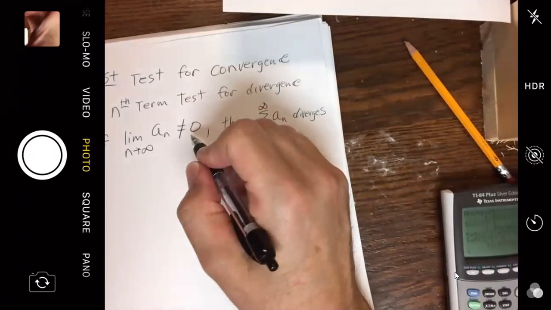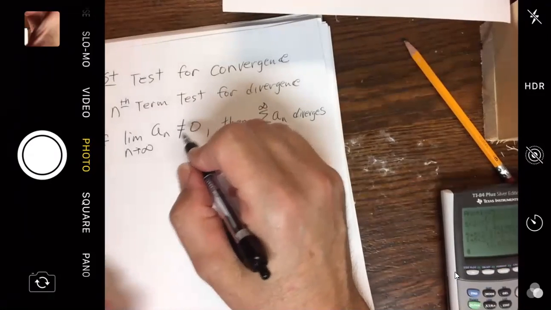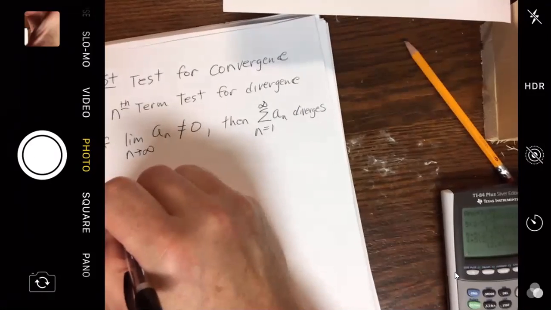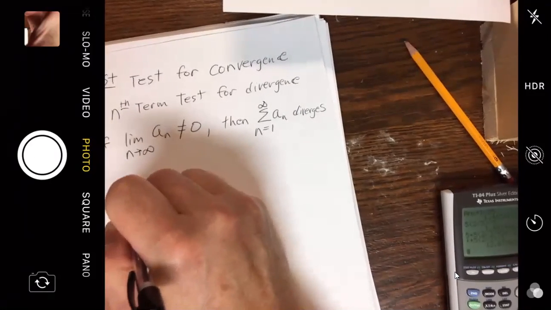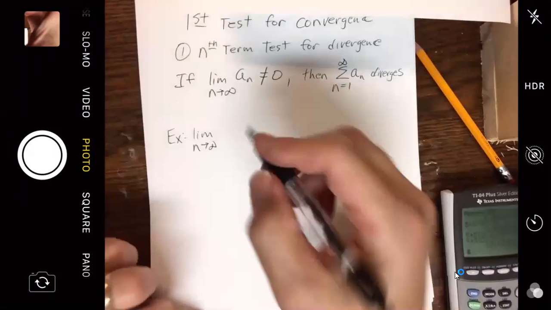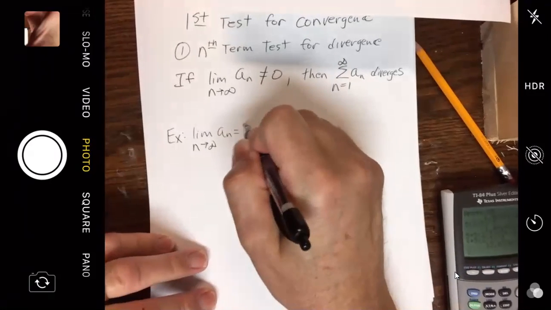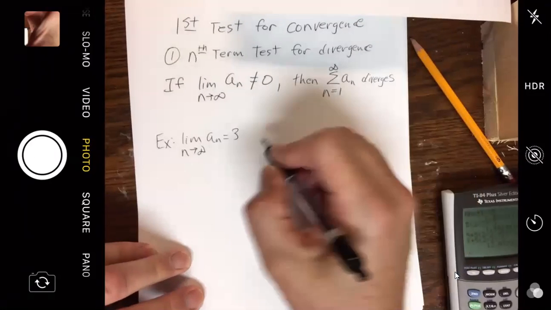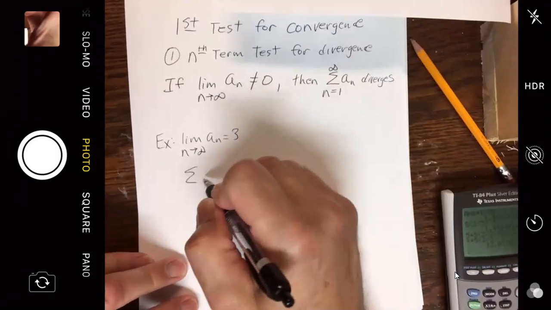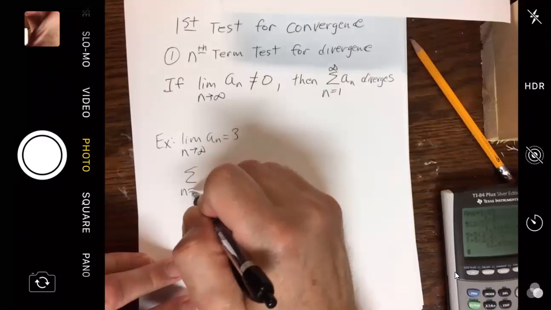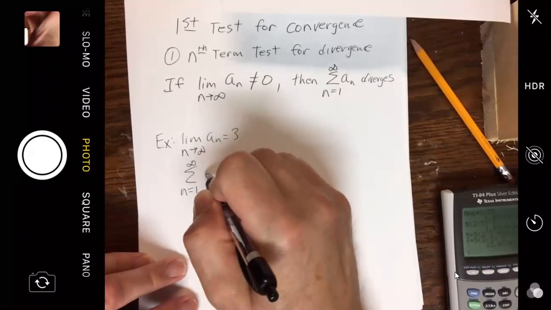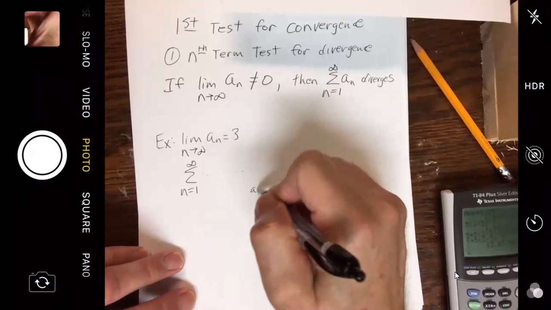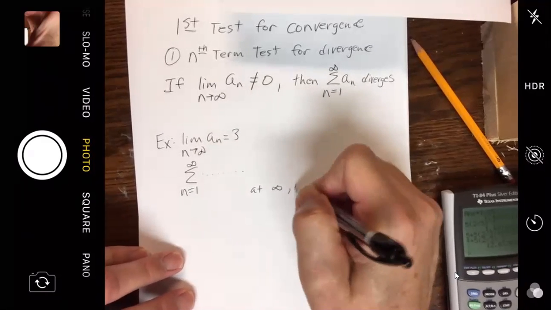Let's say, just for example, I take the limit as n goes to infinity of a(n), and I get 3. You understand that that means in my summation from n equals 1 to infinity, I can have a bunch of terms at the start, but at infinity, my terms are 3.